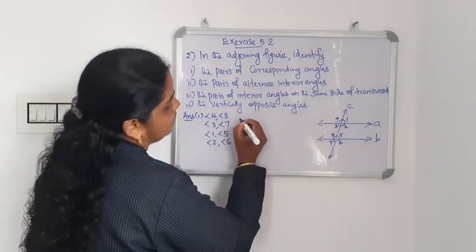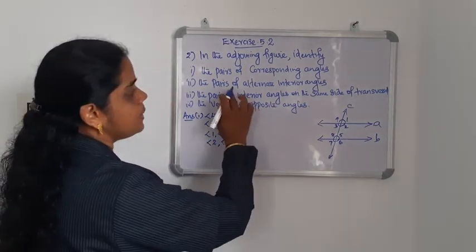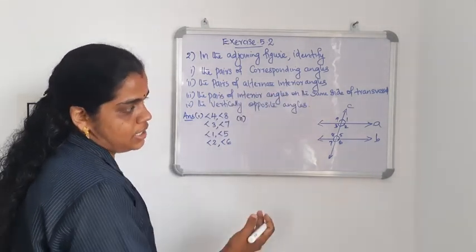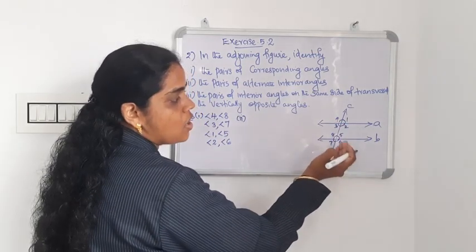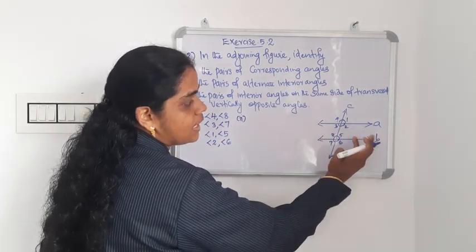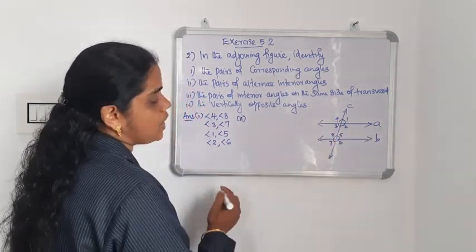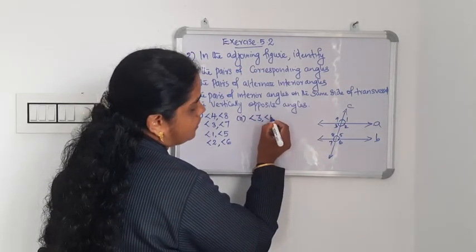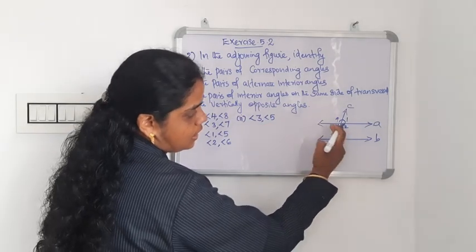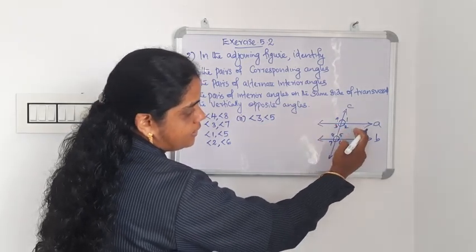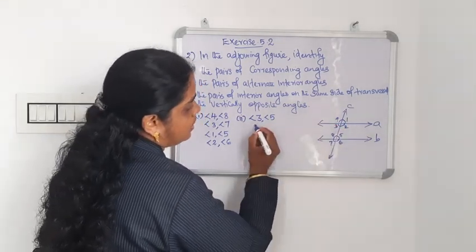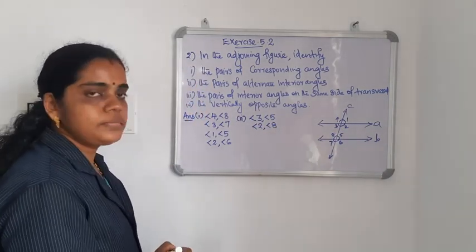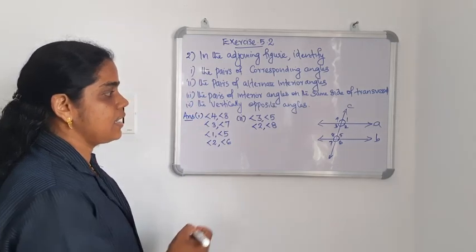Then the second question: the pairs of alternate interior angles. Interior means inside. Alternate means one is on this side and the other is on that side. So what are the alternate interior angles here? Angle 3 and angle 5 are alternate interior. Likewise, angle 2 and angle 8 are alternate interior angles.